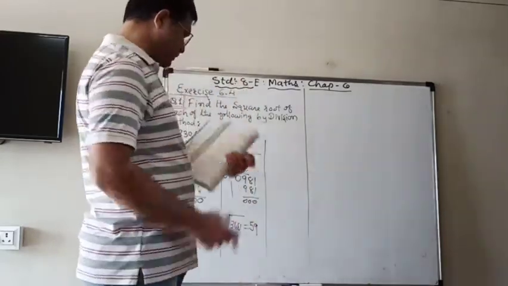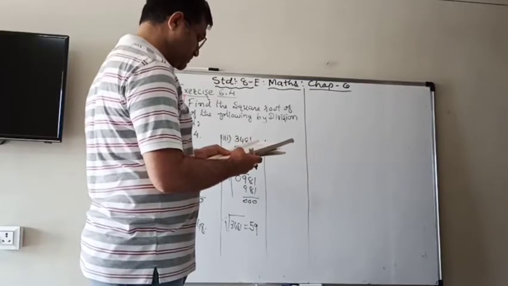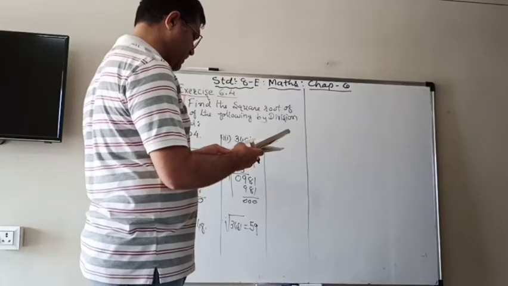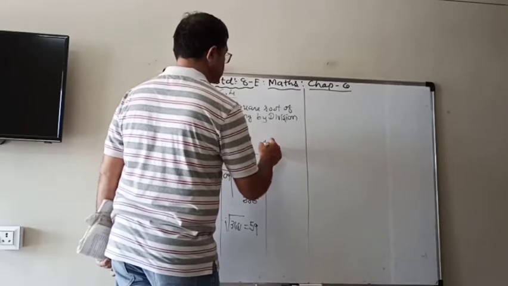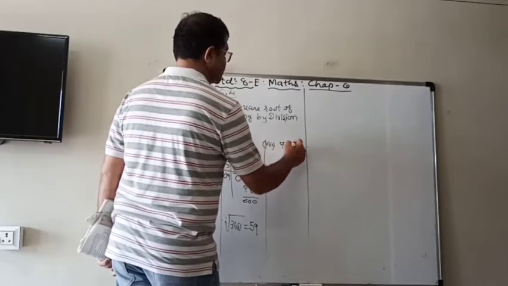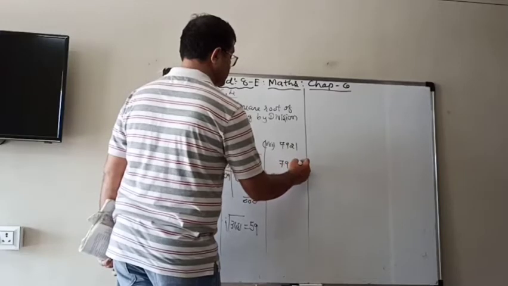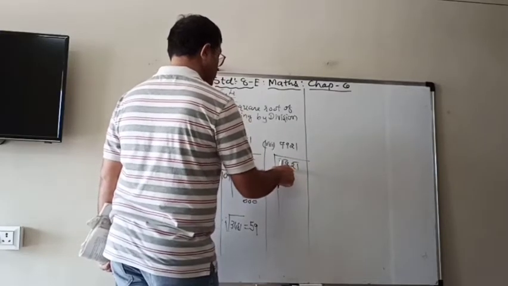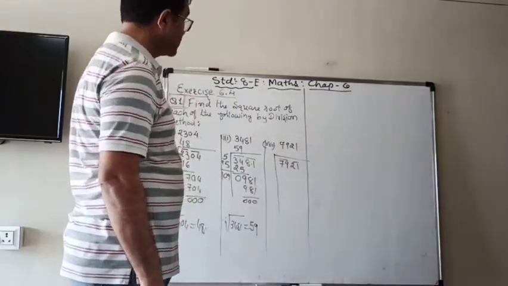Let's take another one which has bigger digits. Let's take the 8th one, 7921. So now we make the pairs, 21 and then 79.